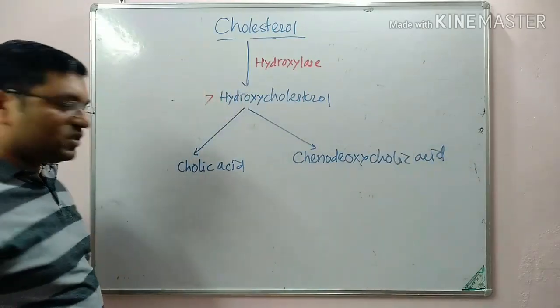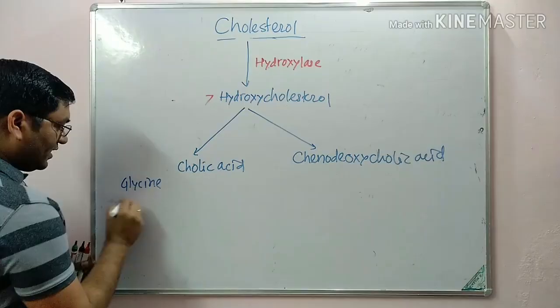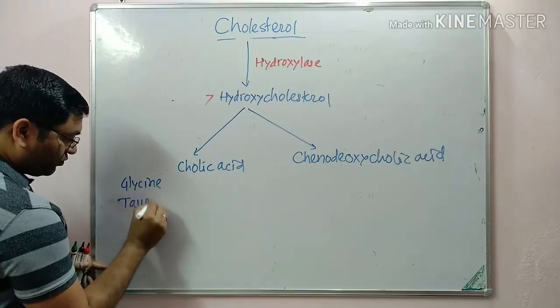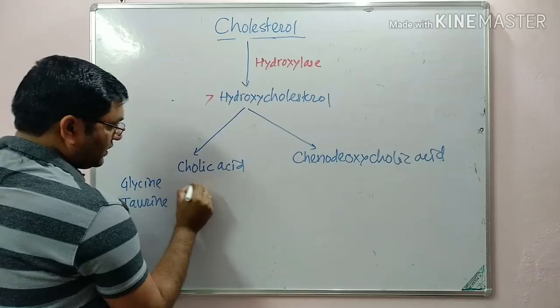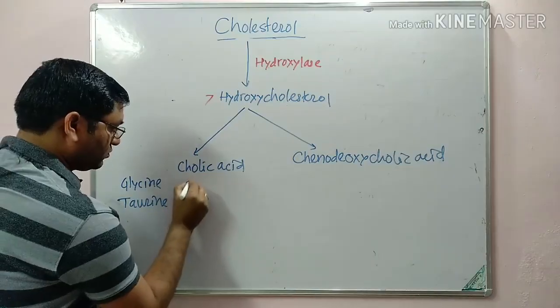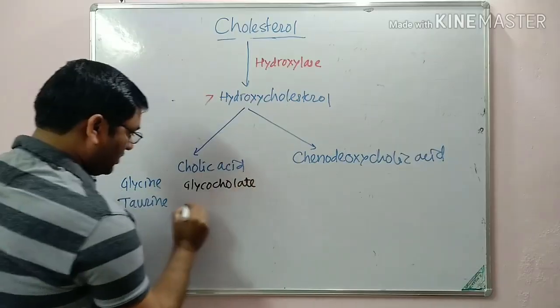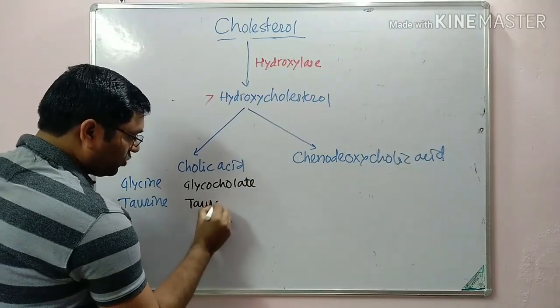Which on conjugation with glycine and taurine gives glycocholic acid or glycocholate and taurocholate.